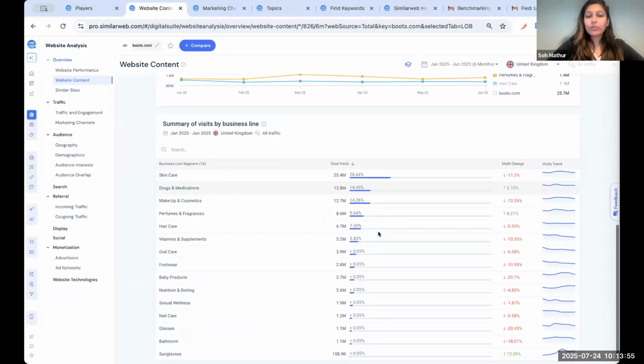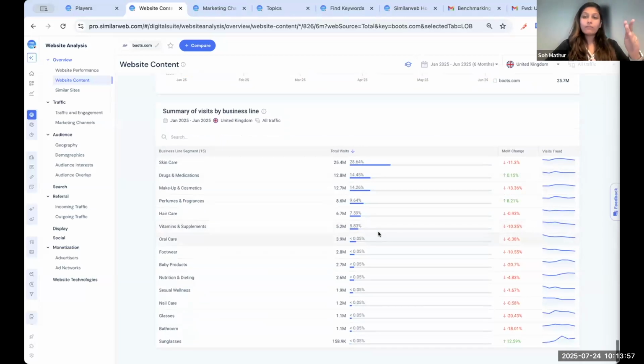And if you scroll down towards the bottom, you can see that they have a lot more business lines to offer, but they are seeing growth across bathroom as well and sunglasses, which is really relevant to see. It basically tells you that Boots is also very focused on the seasonal peaks, and they tend to push products and categories during the right seasons.